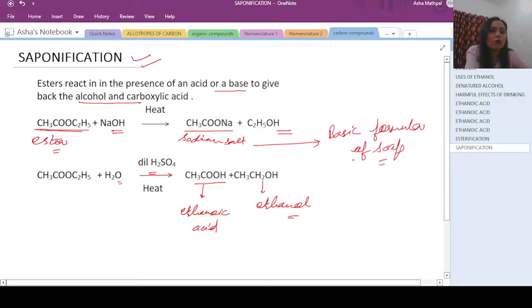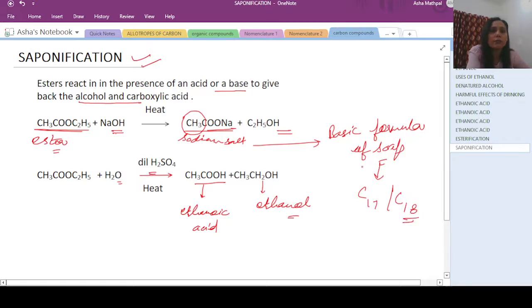Now this is one of the basic reactions showing how soaps are formed. This part remains the same, only here the number of carbons changes. The carbon chain gets very long. It can have carbon up to 17 or 18 even, or more than that.